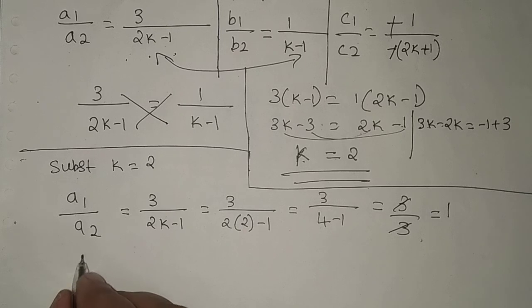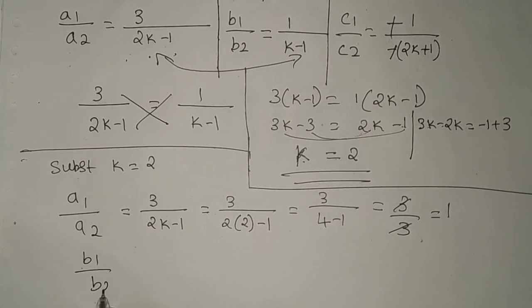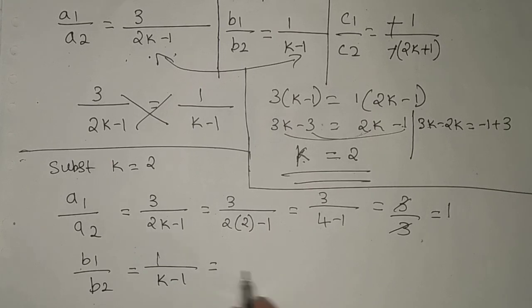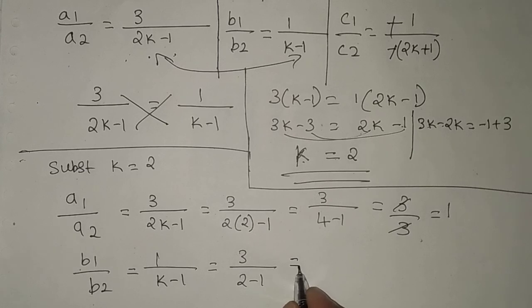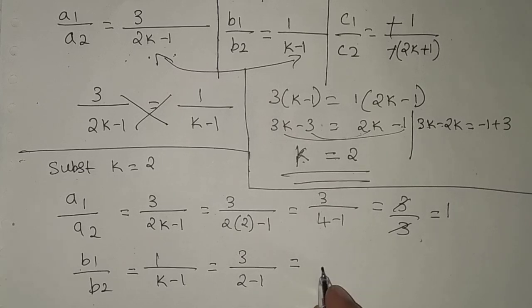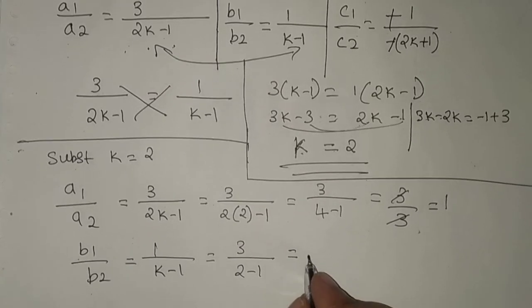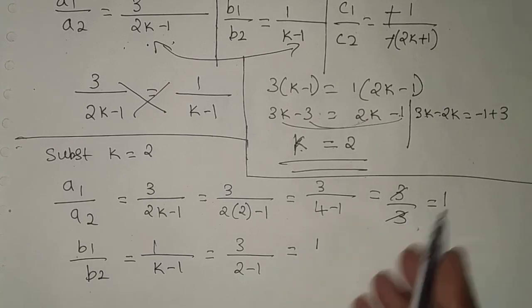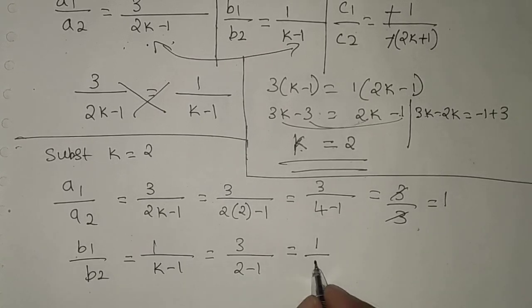Next we take B1 by B2, that is 1 by k minus 1, which is 1 by 2 minus 1, which is 1 by 1, 1 is 1 only.